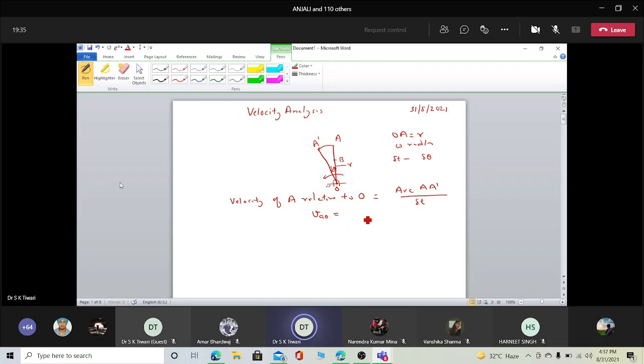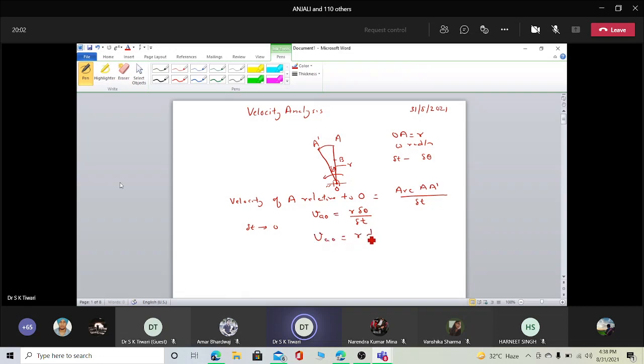Arc AA dash can be written as r into delta theta, divided by dt. In the limit when delta t tends to 0, what will be the velocity of A with respect to O?